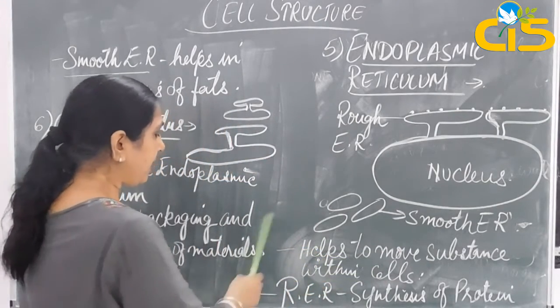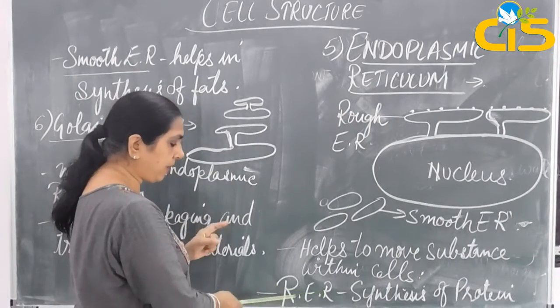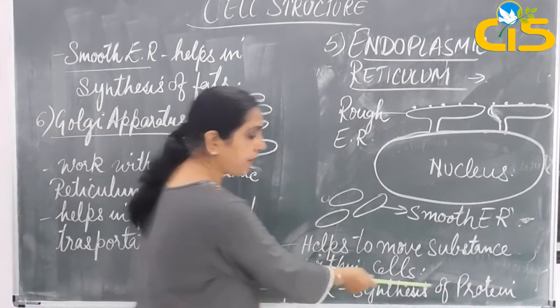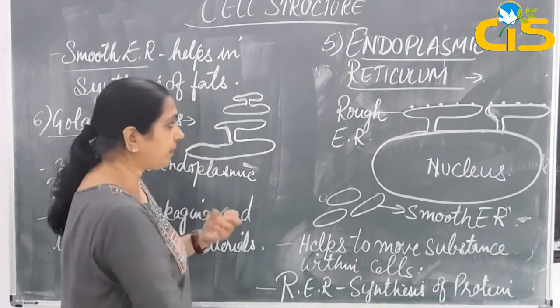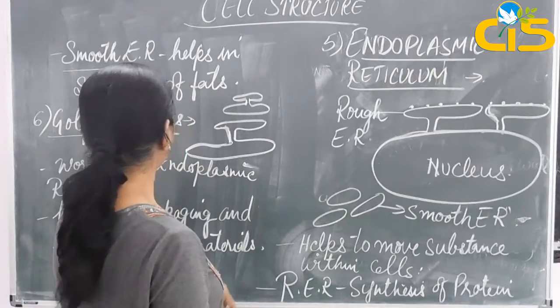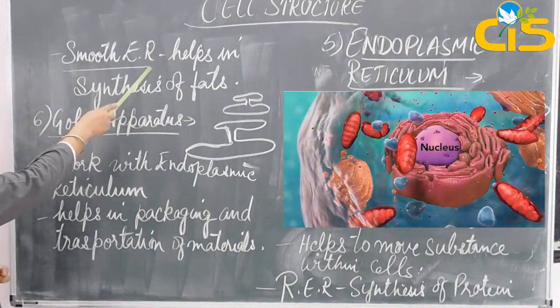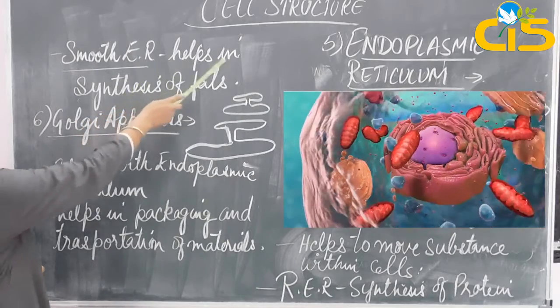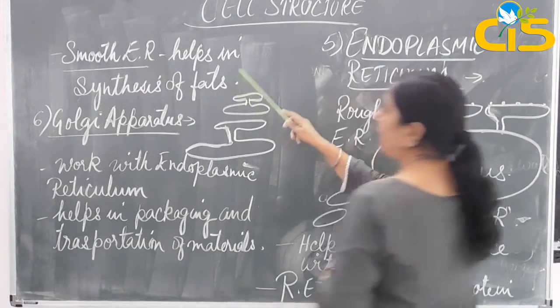Then the main function of the smooth endoplasmic reticulum, the other category, is that it helps in the synthesis of fat.